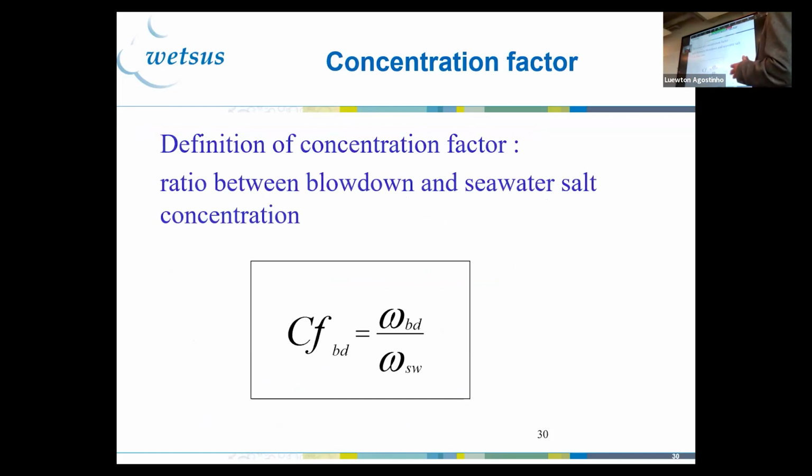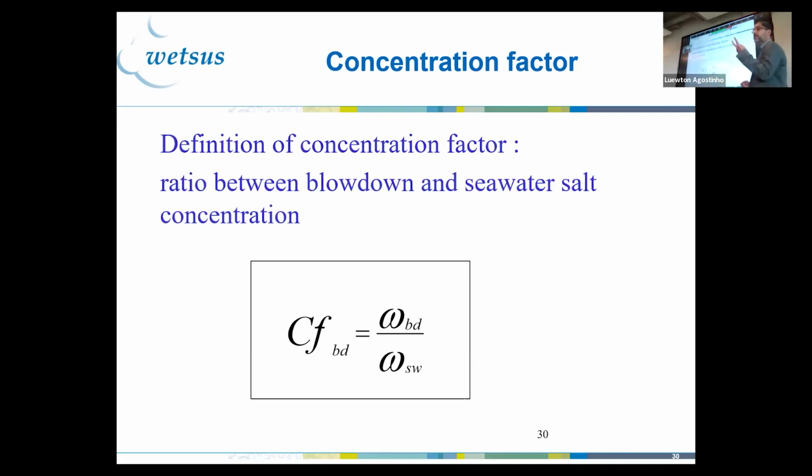Normally, we use very specific concentration factors, so it's interesting for you to know. One is the concentration factor itself, which is basically the ratio between the concentration of your brine divided by the concentration of your seawater. For example, if you are treating your system with a 50-50 ratio, and you are putting seawater in at 35 grams per liter and you get your brine at 70 grams per liter, then you have a concentration factor of 2, right?